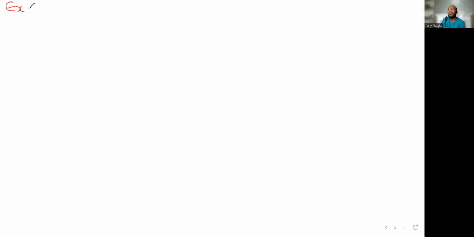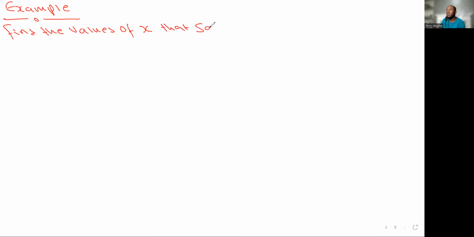So let's pick an example. Let's say we're told to find the values of x that satisfy f of x is greater than or equal to 0, where f of x is equal to x squared minus 7x plus 10.